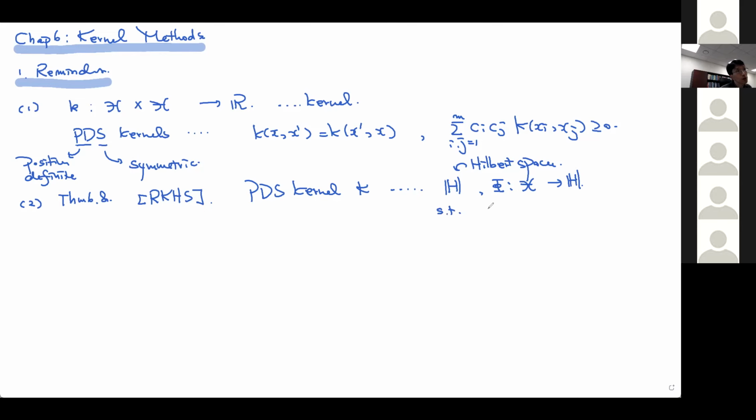One of the most important properties is we can express K as an inner product. So K(x, x prime) is the inner product after embedding each input to this Hilbert space. Then later, when you do analysis, this space is called RKHS.